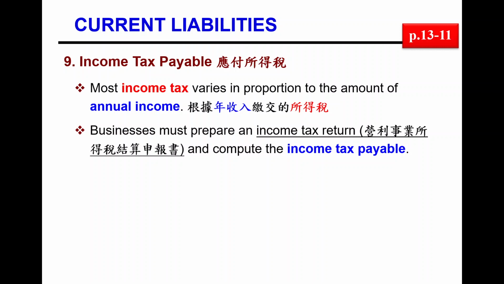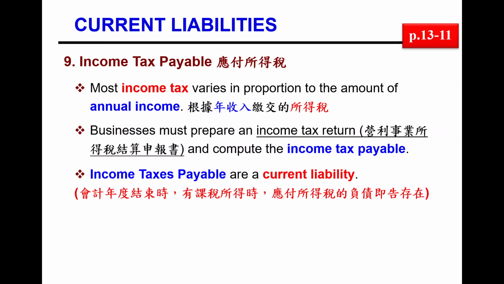Why? Because on the last day, we just calculate the number, but we are going to pay the money next year, okay? Within few months. So also you have income tax payables, okay? And of course, this is your current liability.